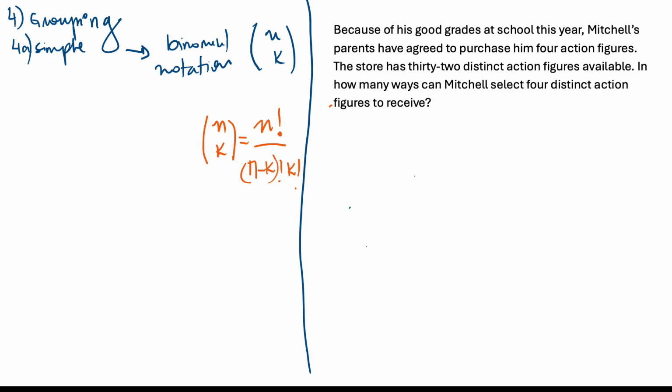So again, when you read a problem, you have to go to your toolbox and see what world you are in. When you read this question, you will say, okay, I'm not in the world of sets. I'm actually selecting something, so I might be in selection or grouping.